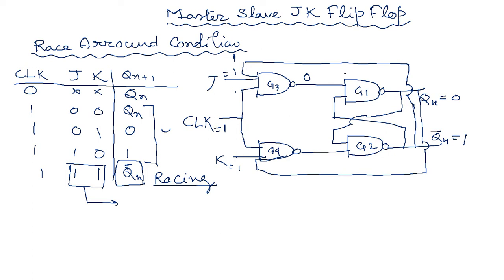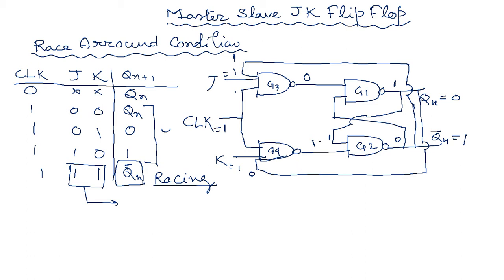And if one of the inputs of any NAND gate is 0, the output of this G1 should be 1. This 1 is forwarded here, and here one of the inputs of this NAND gate is 0, so the output is 1. So both inputs of this G2 are 1, then the output of G2 is 0.